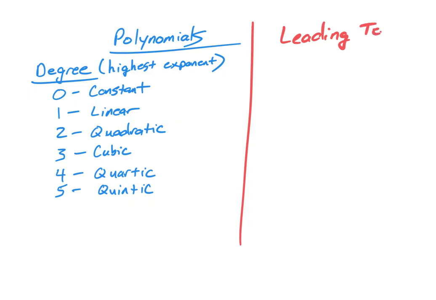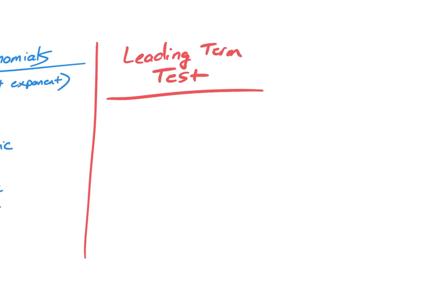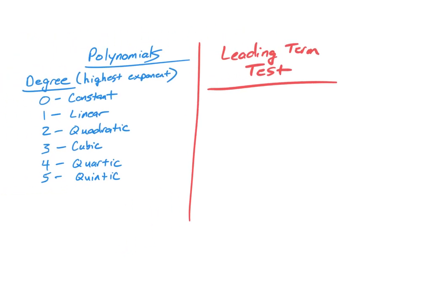Another thing that you're going to see today, they don't use this, but the leading term test tells us the end behavior of the graph. And there was a little chart that we came up with.